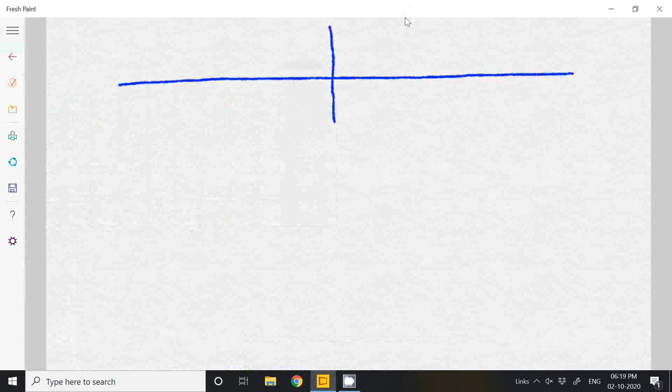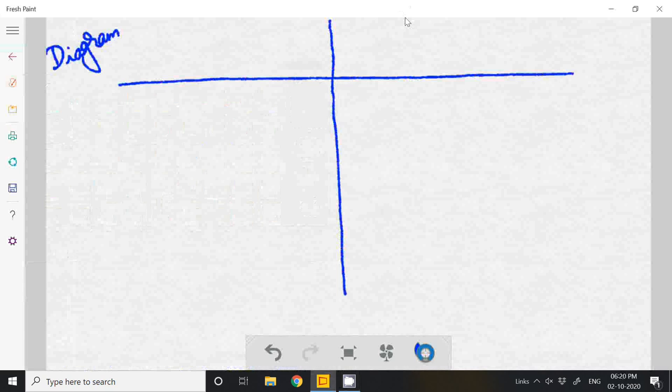So let us start with the diagram. So this will be the midpoint. Let us assume that this is the problem given to us in the form of a diagram.